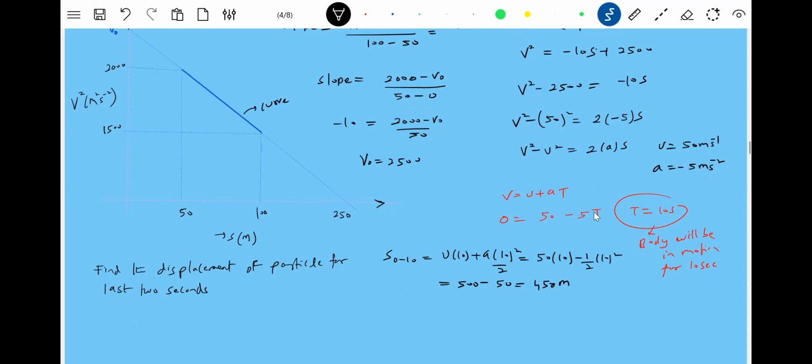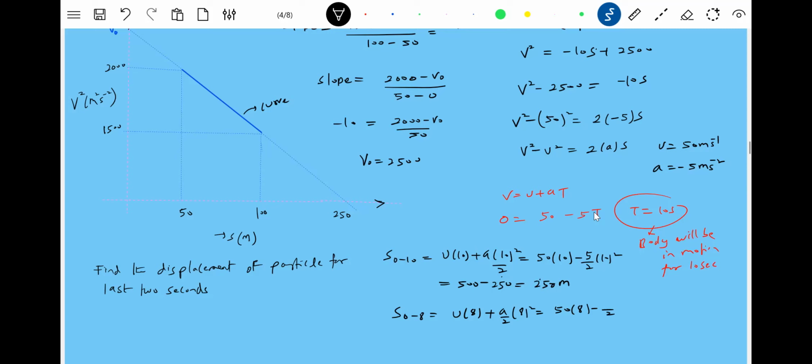Next, for the first 8 seconds, how much will it move? Acceleration is 5 here. Let's do one thing: this will become 250.